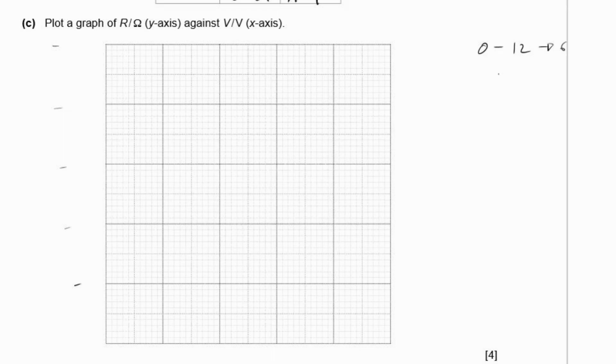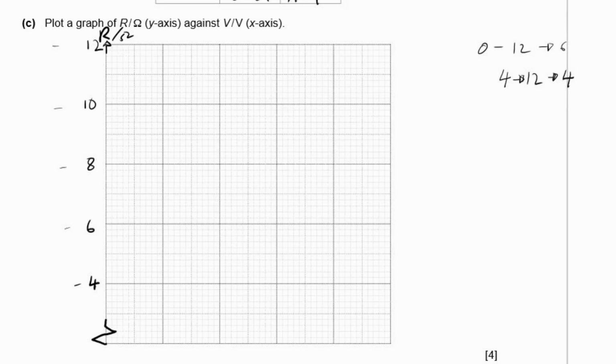What I can do though is if I go from 4 to 12, then I can use 4 squares. Each square will give me 2, so it goes 4, 6, 8, 10, and 12. And then, because this bottom bit has to jump to get there, we put a little jump in the axes. There we go. Problem solved. And this is R in ohms.